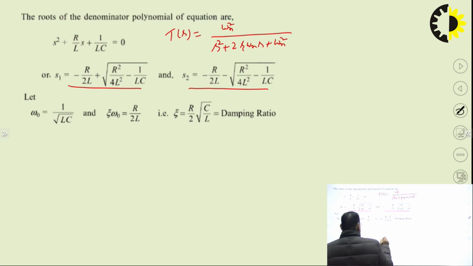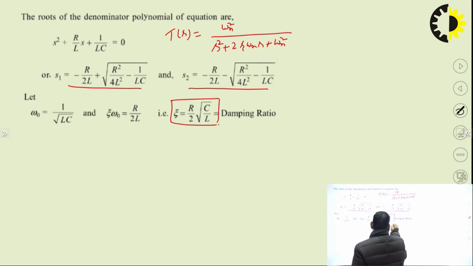So we get the value of zeta, that is the damping ratio, as R by 2 root over C by L in case of the series RLC circuit.